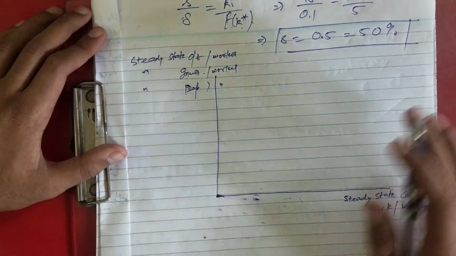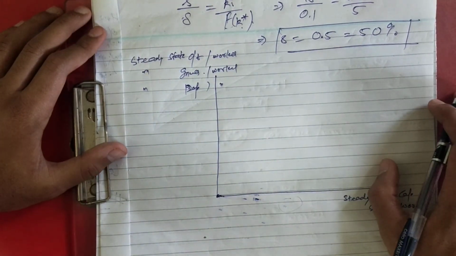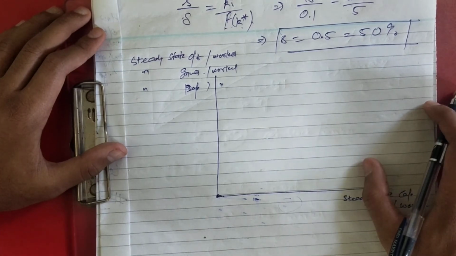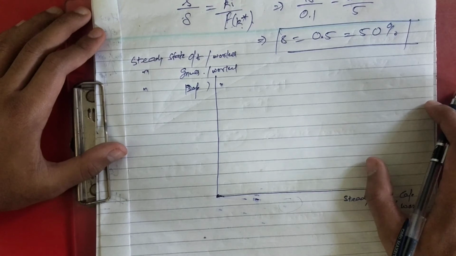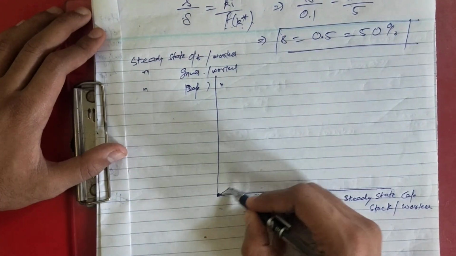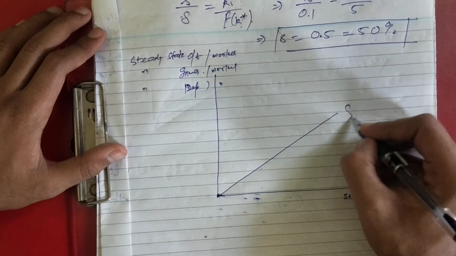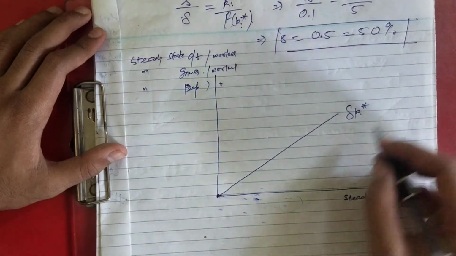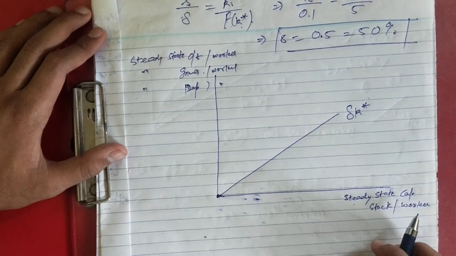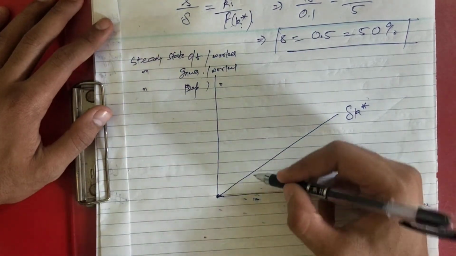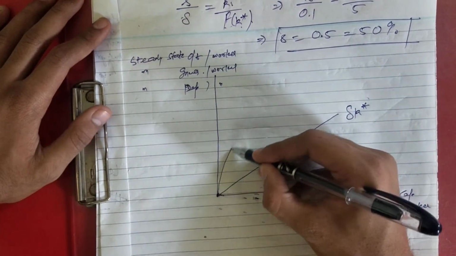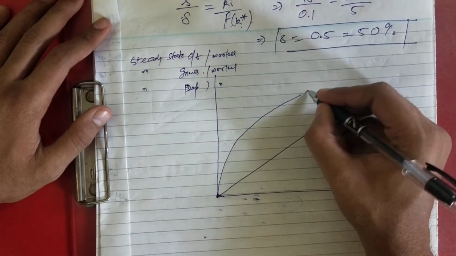I'm just telling you the way of making the diagram, because you have to make the slope of y star equal to F'(K star) equal to delta, that is MPK is equal to delta. So first draw the delta k line. This will be your delta K star. Here all will become K star because this is the steady state level of capital. Corresponding to this you can draw your y star.